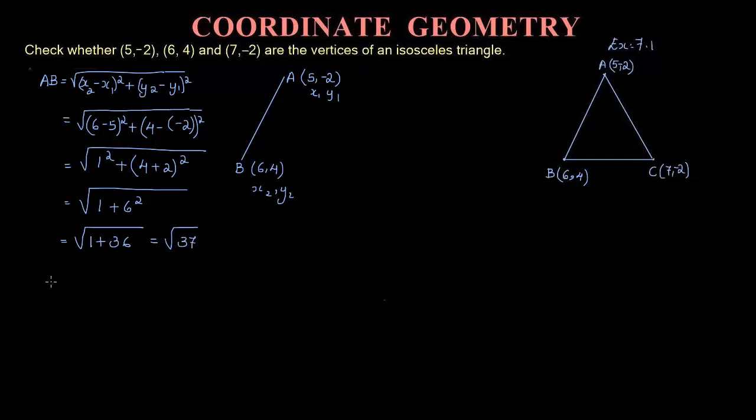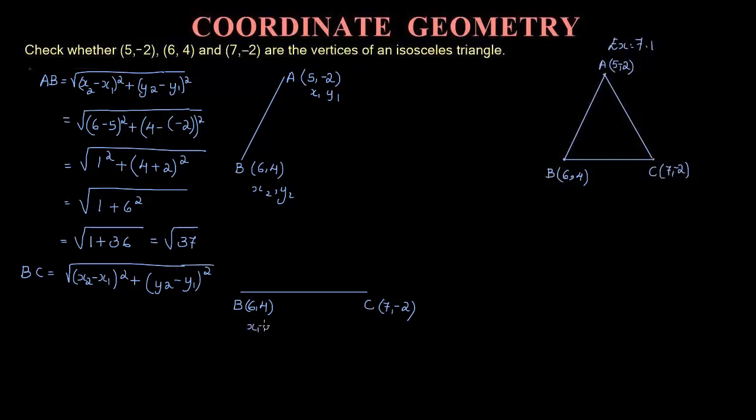So let me just draw a line BC. What is the coordinate of B? It is 6, 4. What is the coordinate of C? It is 7, minus 2. Again you need to write the distance formula for line BC. Square root of x2 minus x1 the whole square plus y2 minus y1 the whole square.